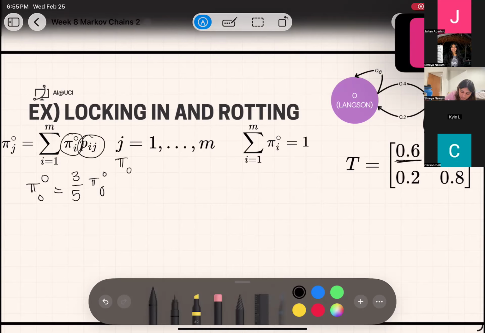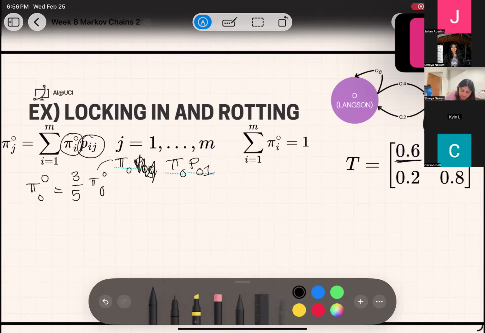So pi 0 ij, and our j can be 0 or 1. First we're doing 0, 0, then we'll do pi 0, 1, which is Langston to science. So that's this value over here. So we'll write these out.